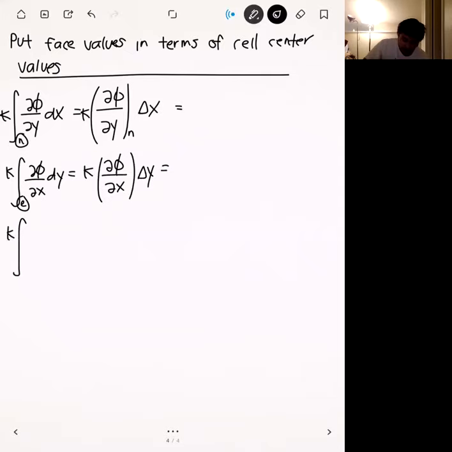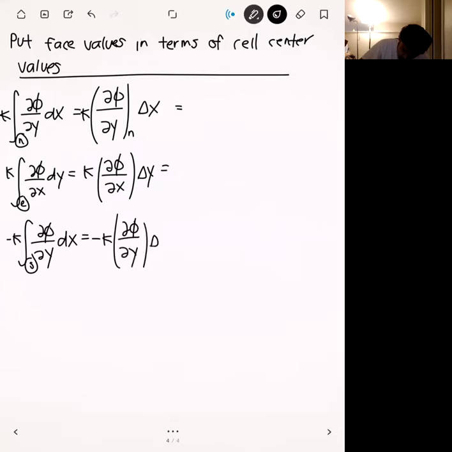Next we have minus k, integral on the south face of partial phi partial y dx. Okay, this is equal to minus k partial phi partial y delta x.